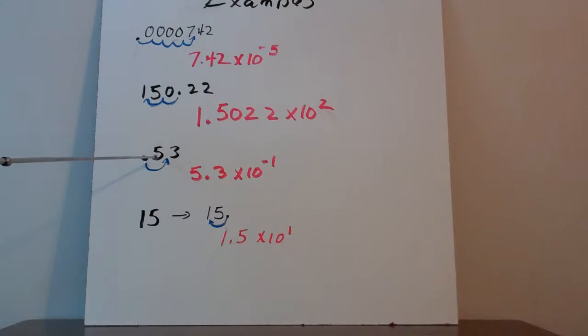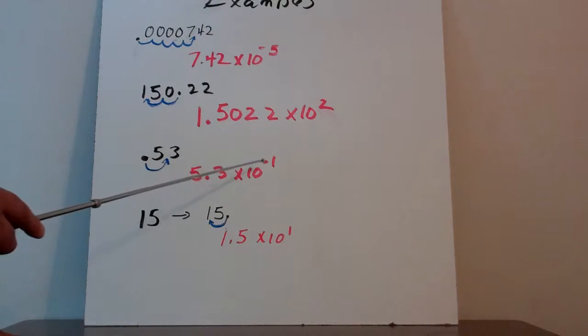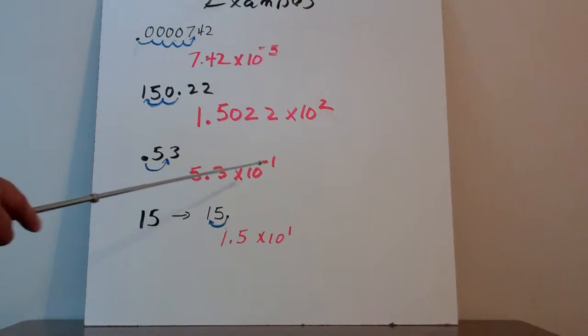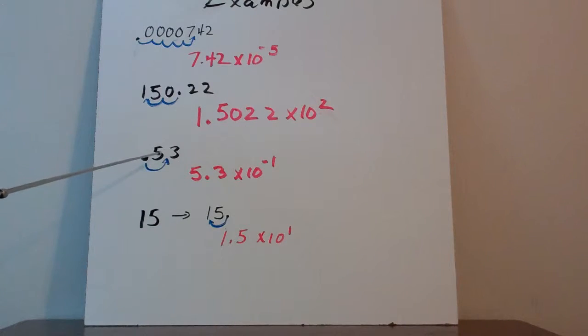With 0.53, I want to get that decimal between that 5 and 3, so I move it 1 time. So I end up with 5.3 times 10 to the negative 1. It's a negative because if we move the decimal point from 5.3 to where it had been, we're going to move it 1 space to the left.